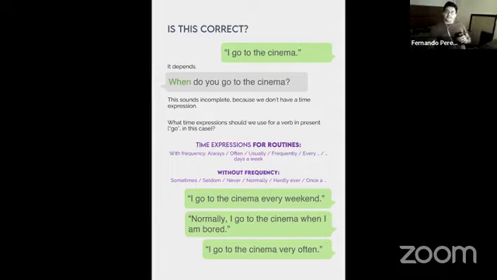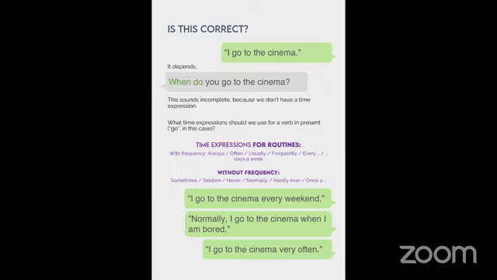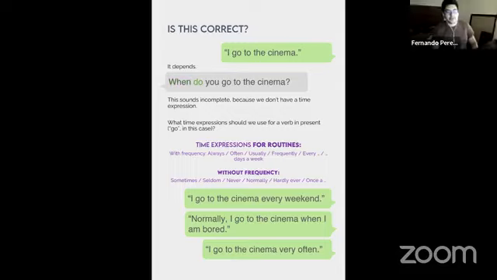Observations. No, teacher. You need to give me observations.